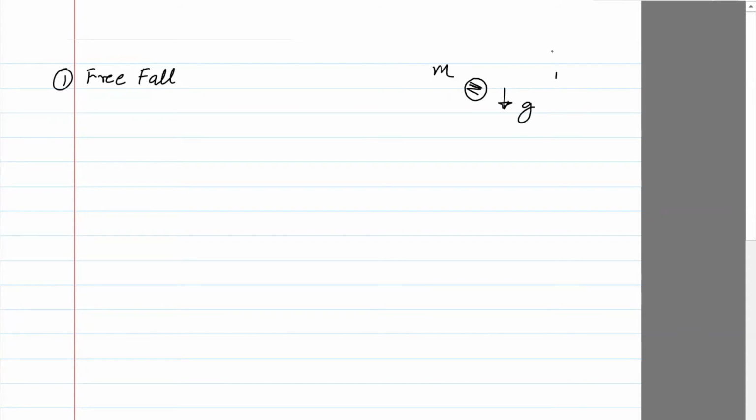Since the motion is only along the y-axis, I don't really need to write the equation for the x-axis. You can use Newton's laws or the Euler-Lagrange equation. The equation of motion in this case is simply that the acceleration is minus g, where g is gravity. There is no drag force here.